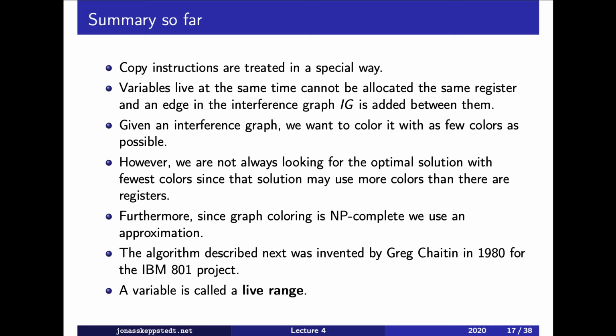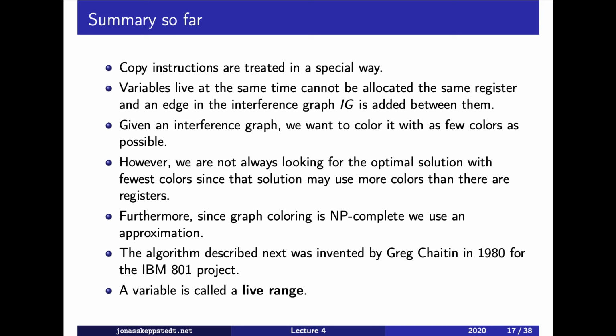But if the optimal coloring uses 300 colors, then there is not much hope of having a machine with 300 registers. Okay. Furthermore, graph coloring for at least 3 colors is NP complete. So we cannot aim at finding an optimal solution for large interference graphs.